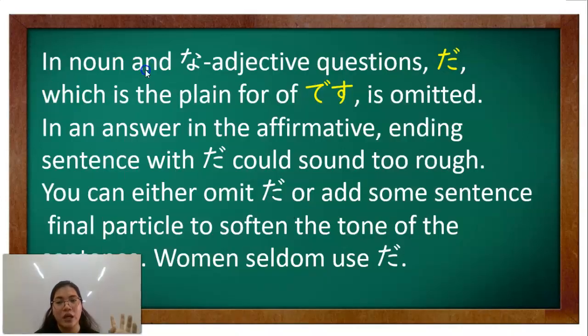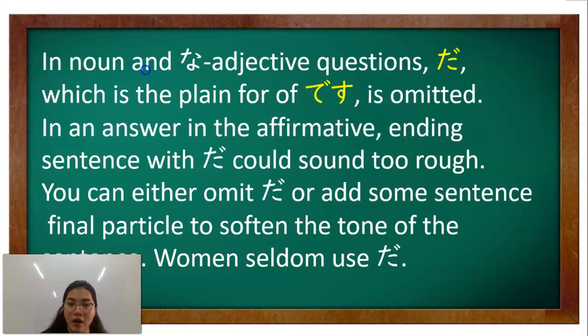Another, in noun and adjective questions, the da, which is the plain form of desu, is omitted. So, in noun and adjective questions, the da is also omitted. And an affirmative answer ending the sentence with da could sound too rough. So, da is also not placed in affirmative answers because it sounds too rough.